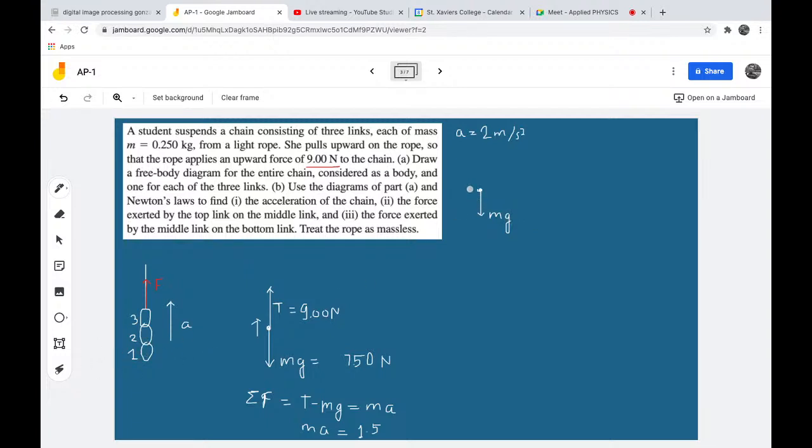This is mass 1. What is the force working here? You can easily see it's two bodies in contact. So whenever there are two bodies in contact, you will get normal reaction working. So the normal reaction will work at this position. I will call this normal reaction as N1.